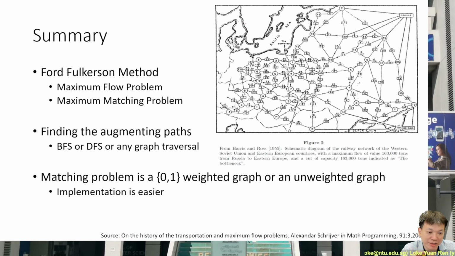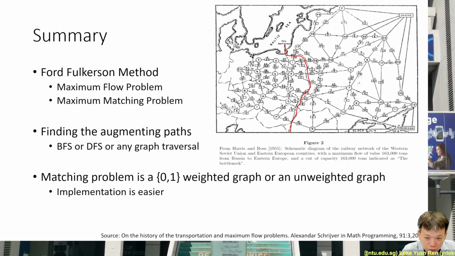The Russians were trying to find the maximum flow of the railway network in Europe, and then they put a bomb at that particular point. If they put the bomb along this particular path, they can disconnect the whole railway network. So they were trying to find where the maximum flow is. If I attack that particular viewpoint, it's good enough already.